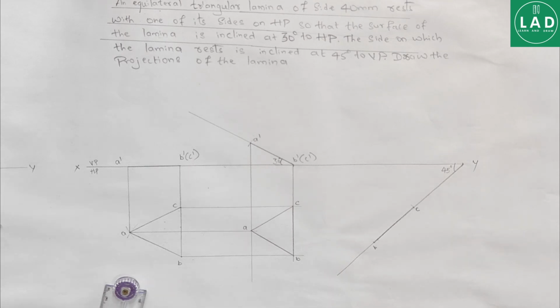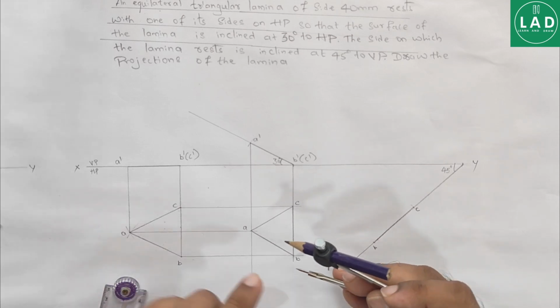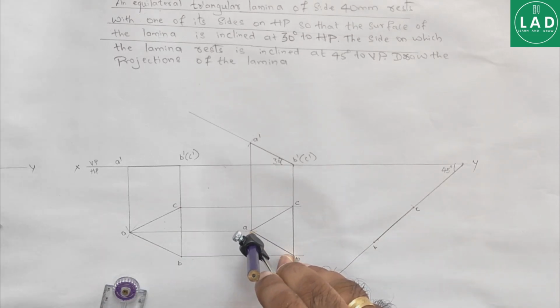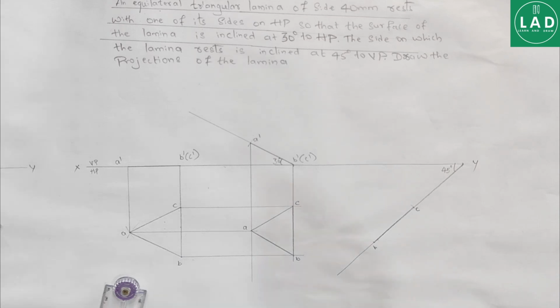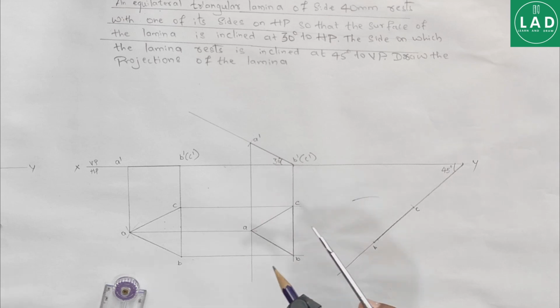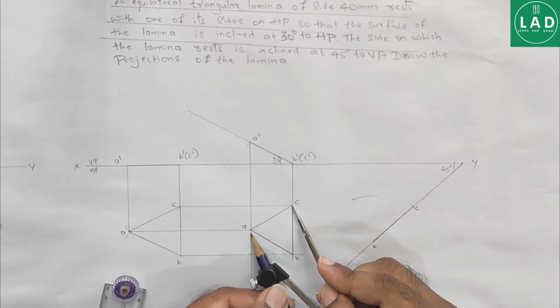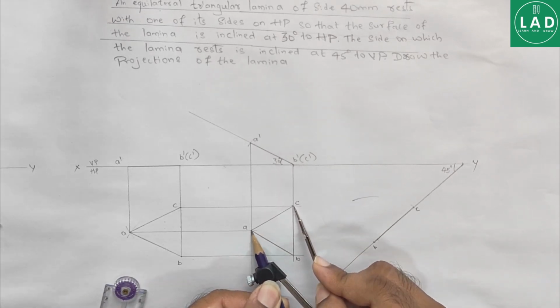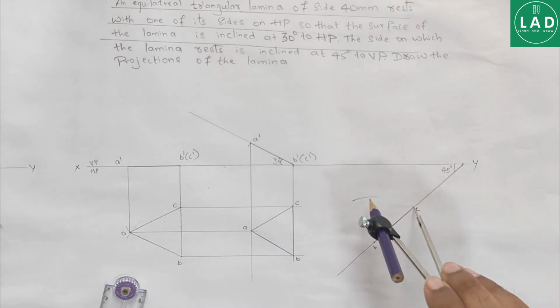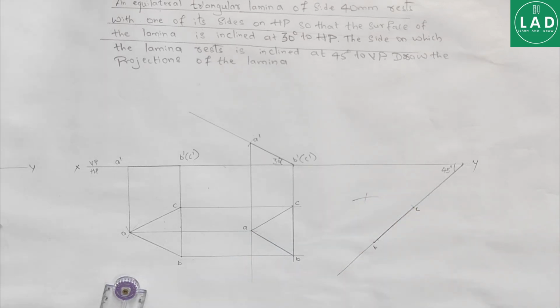So how can we do this? Let's take the distance of AB here like this, and with B as center, draw an arc. Let's take the distance of AC, and with C as center, draw an arc.